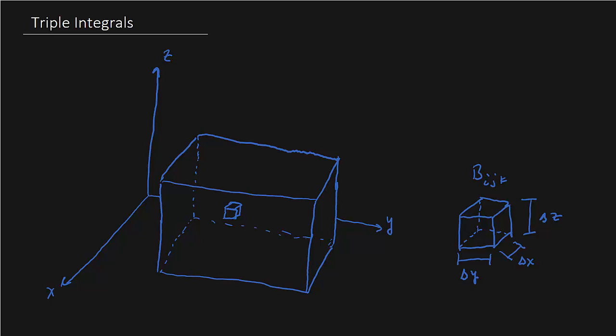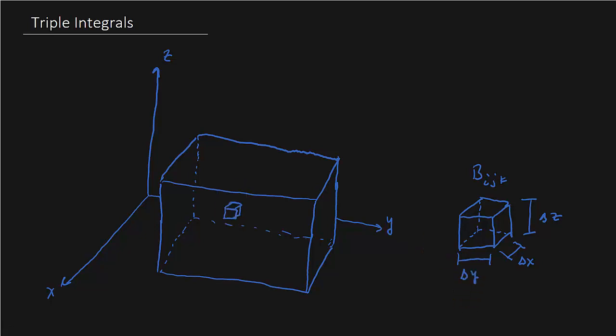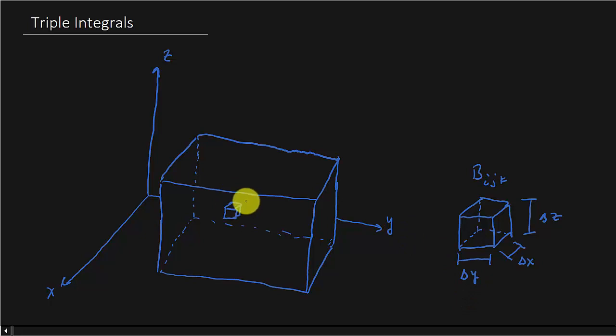So if we had this box right here, and we break it up into a bunch of smaller boxes, we can find the volume of each of these boxes, and then sum those volumes up. What I've done here is take this little box and draw just one of them.